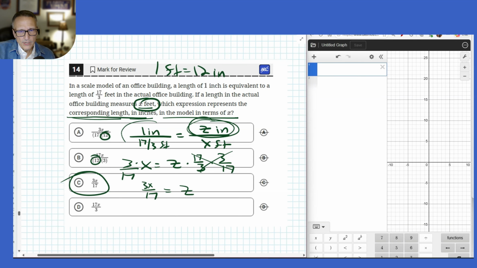So therefore, the only equivalency that was involved was the fact that 1 inch is equivalent to 17/3 of a foot. This did not need to get put into this. So A and B are definitely going to be out. And there's going to be my answer right there.